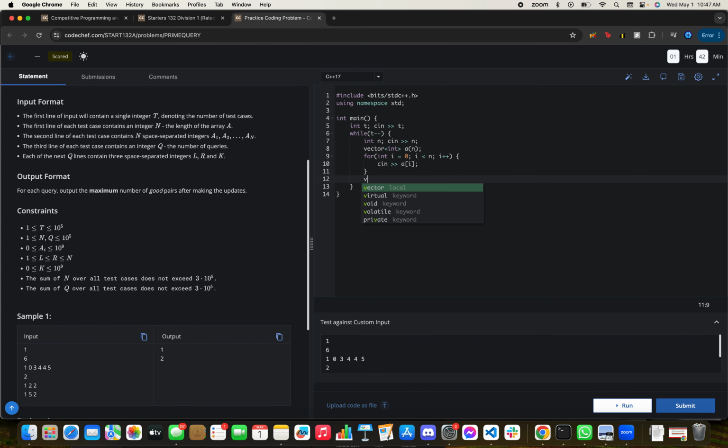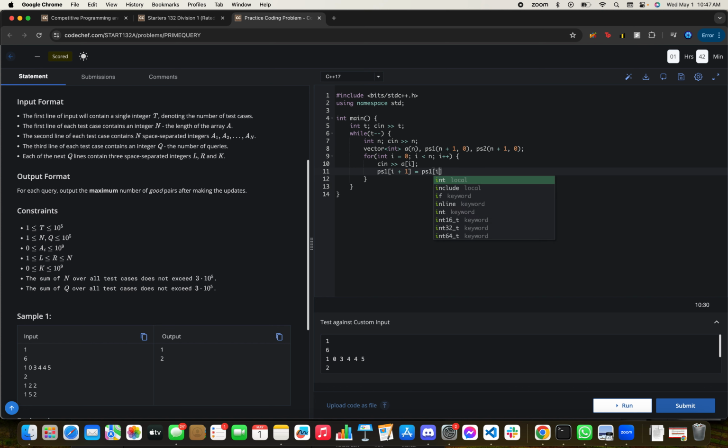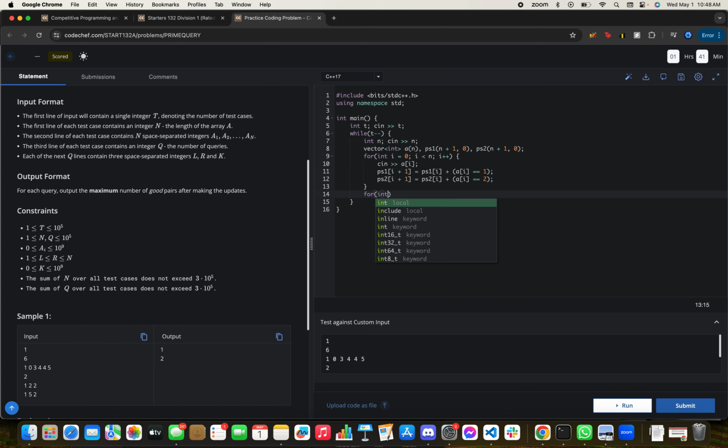What are the queries like? Okay, now let's make 2 prefix sums. Alright. Now how do we handle queries?